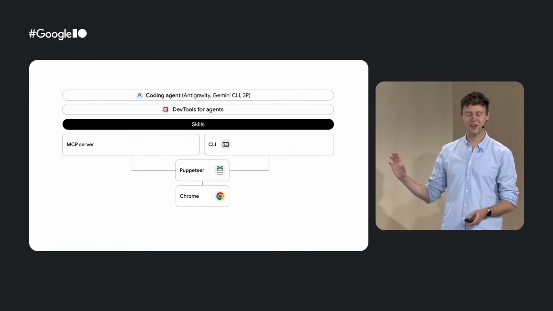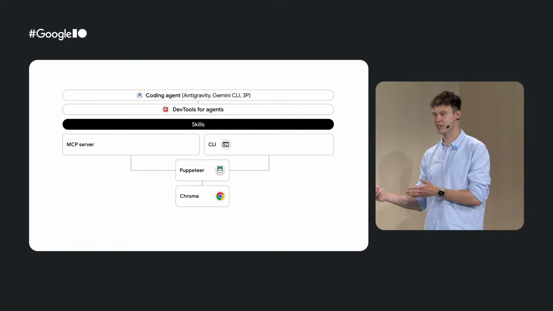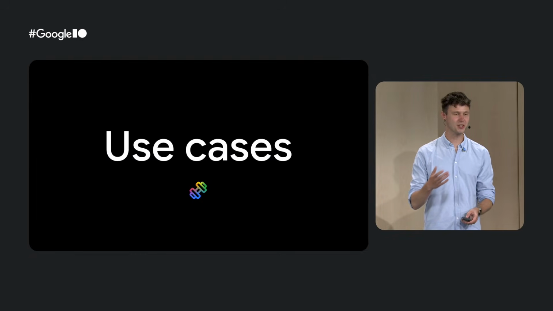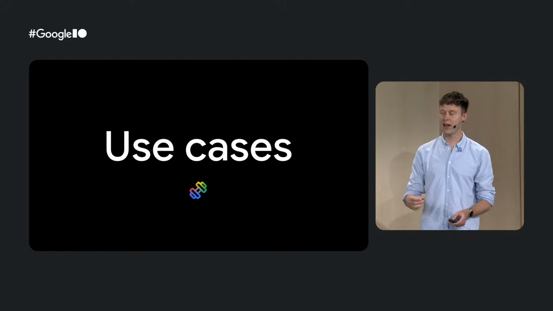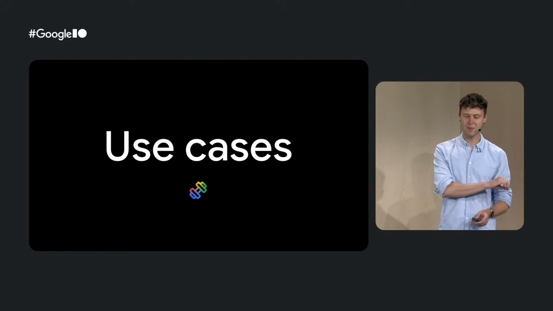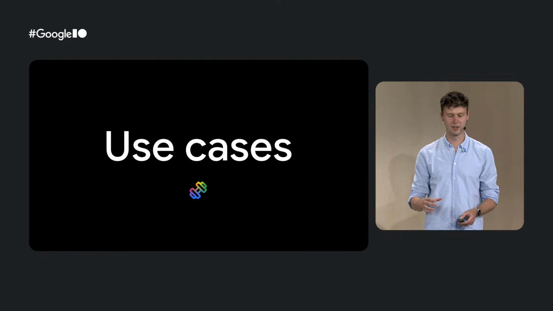Awesome. So now that we've fully explored how it works under the hood, let's dive into some examples of what it can actually do. As you just learned, DevTools for Agents inherits its capabilities from Puppeteer. But when you prompt in your coding agent, your agent doesn't directly use Puppeteer.